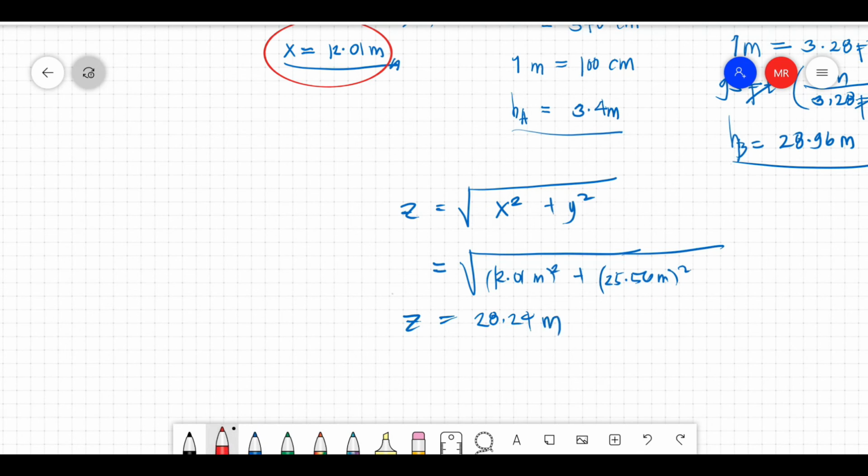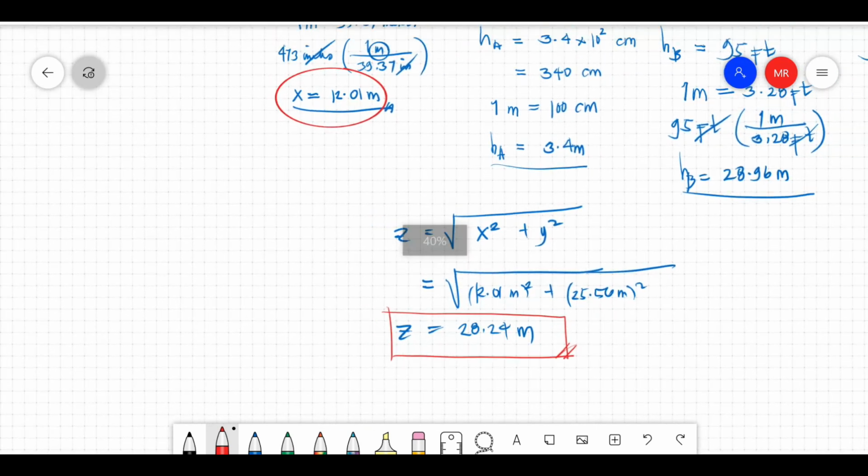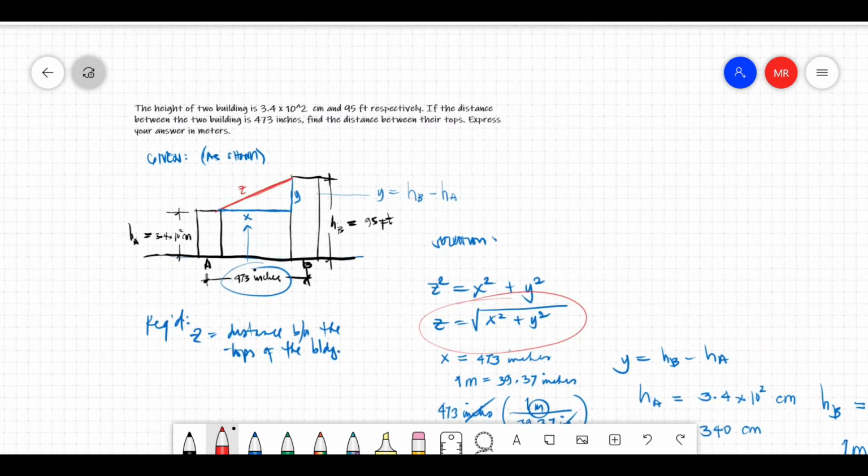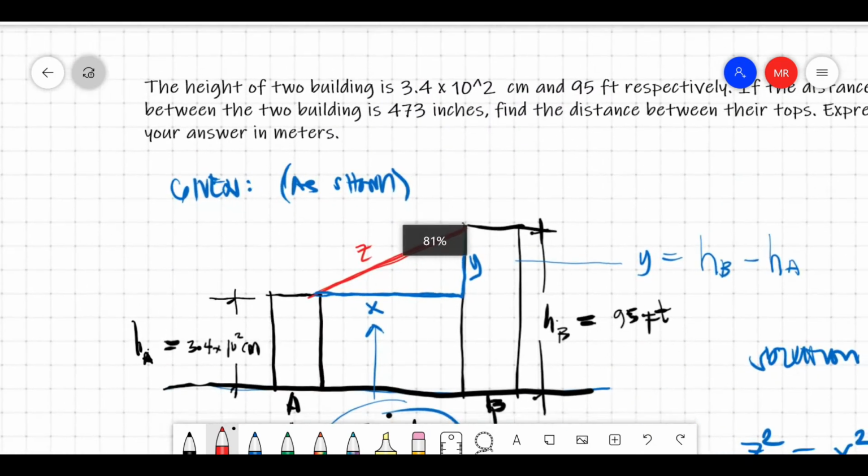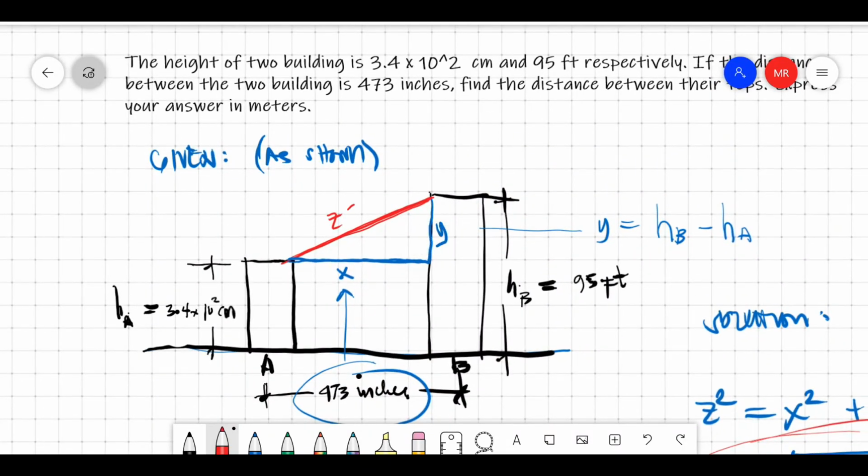This is now our final answer. So Z is 28.24 meters, the distance according to our figure and what is being asked in the problem.